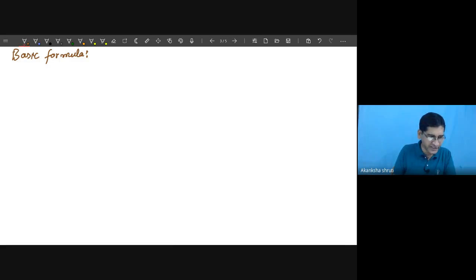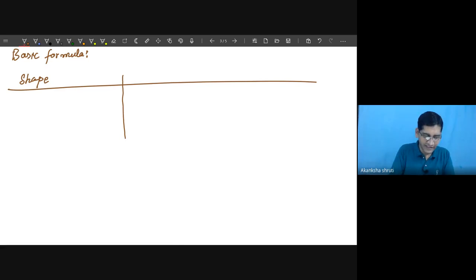So you write it in table form. Whatever object or shape we are going to consider, we will take. Very first, we will take the shape. Then in this shape we will also draw the figure and write some important features. Then we will write their lateral surface area. I had just explained lateral surface area or curved surface area.